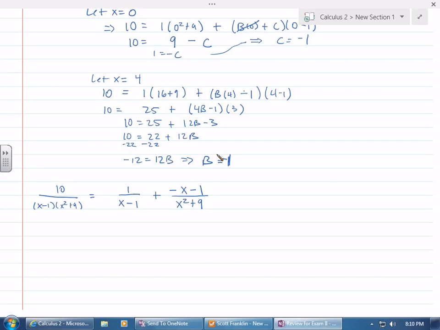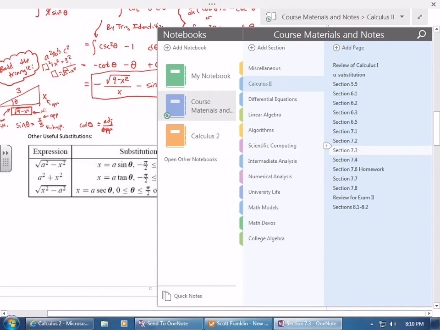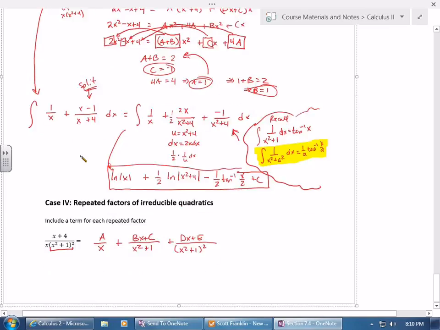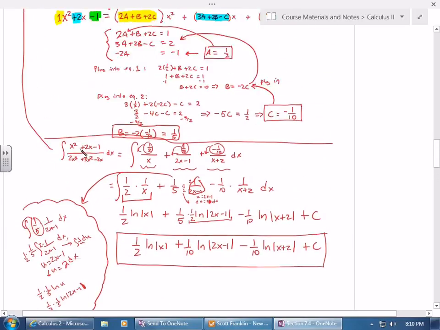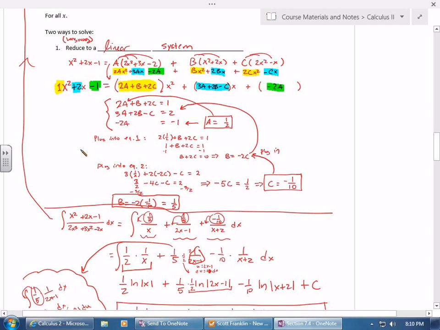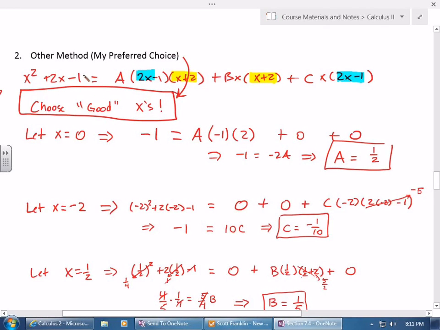Now, usually what happens, I'm gonna jump out of this for just a second. If I go back to the day that we did that, on 7.4. So any number will work. A lot of times, you end up with an equation that looks like this one right here. It's got some highlights on it, but try to look at the structure. You had something on the left-hand side equals a times 2x minus 1 times x plus 2, plus b times x plus 2, plus c times x times 2x minus 1.